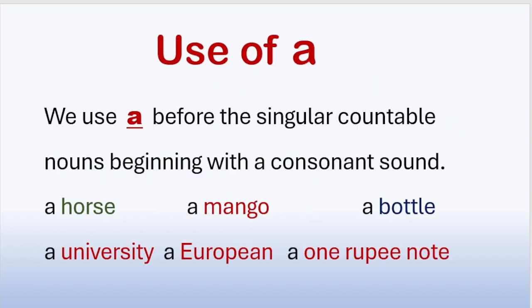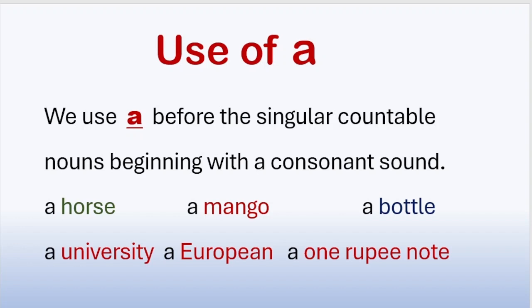Now we will learn the use of a. We use a before singular countable nouns beginning with a consonant sound. A horse, a mango, a bottle, a university, a European, a 1 rupee note. Here horse begins with the letter H and it sounds ha.